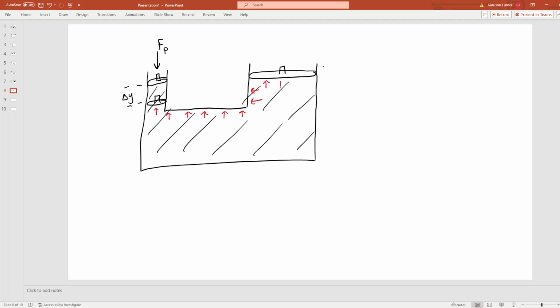So these arrows represent delta P. They really all should be the same length. If I get some longer than others, forgive me, but this delta P is going to be constant everywhere against every surface.